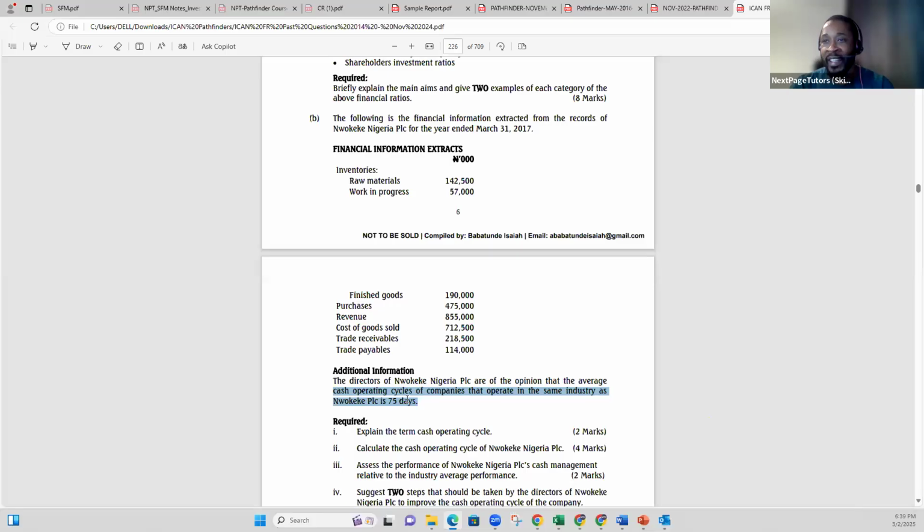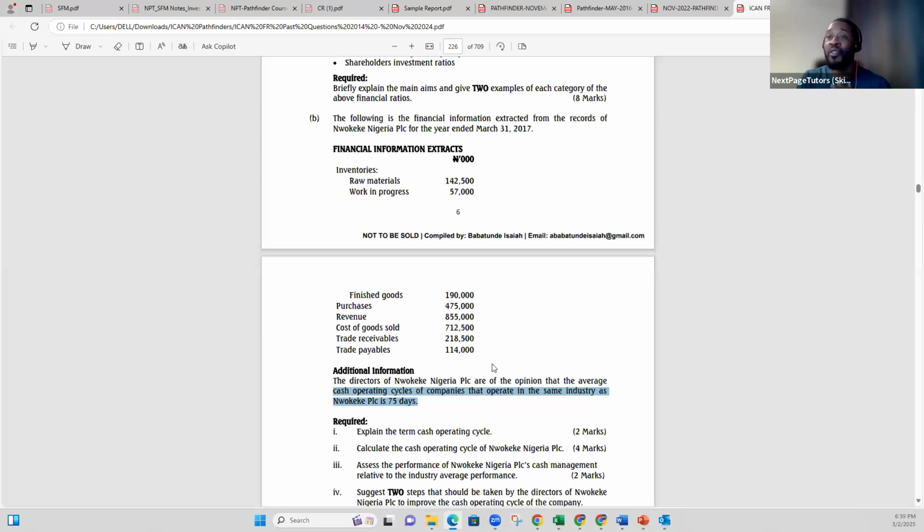Sam Love, you can go ahead. Just explain cash operating cycle to us. The cash operating cycle is the number of days to convert our inventories and receivables into cash. Inventory and receivables. Correct, but it sounded like you missed out payables, and that's why it's always safer to look for a way to capture all of them together.